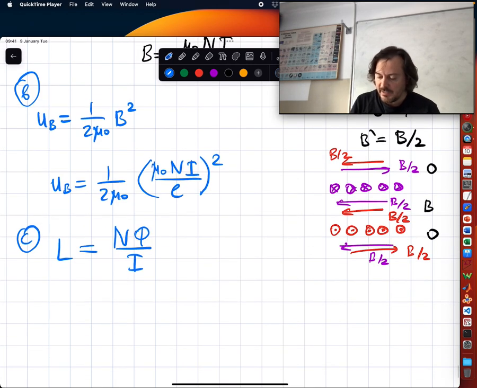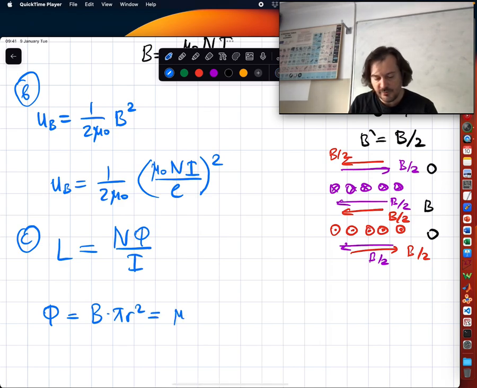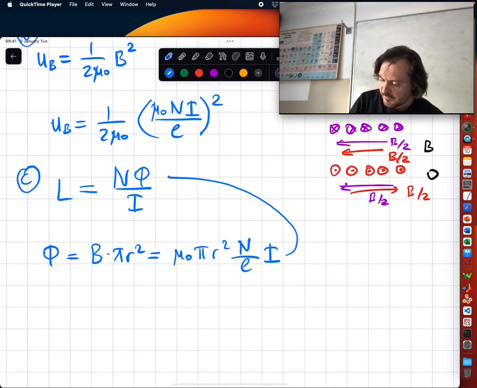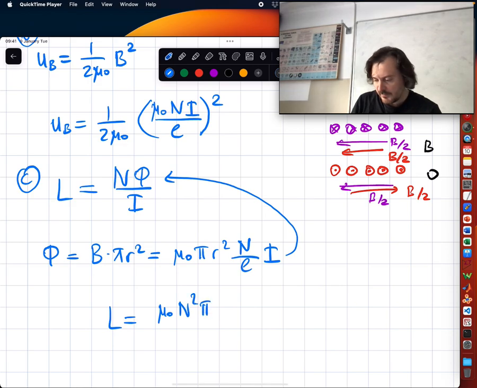So what is phi? Phi is B times pi r squared. So you get mu 0 pi r squared N over L I. And then you put this formula inside here, and eventually you get L equals mu 0 N squared pi r squared over L. Okay?